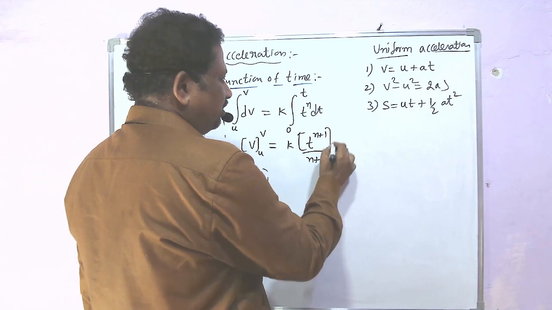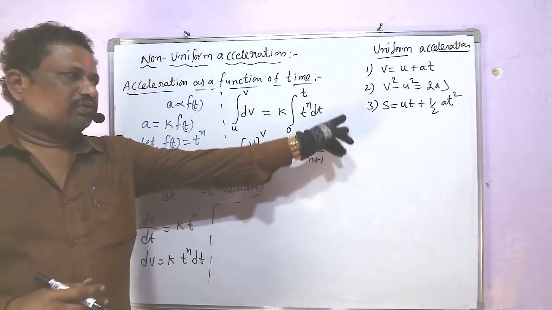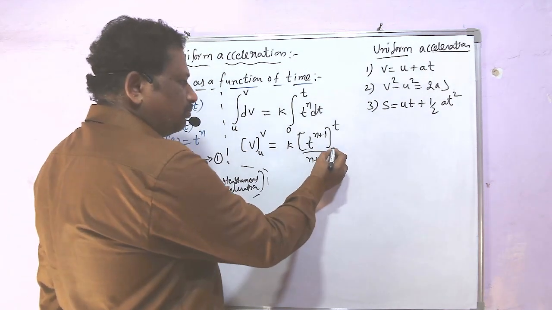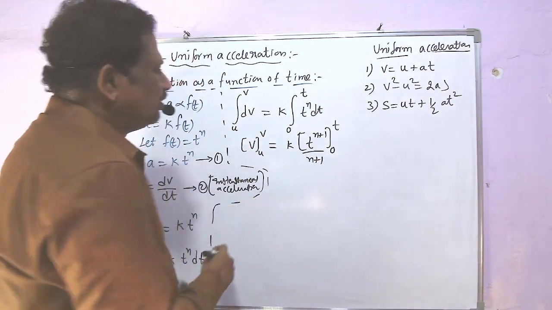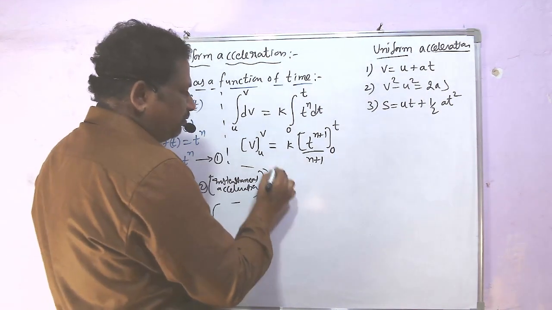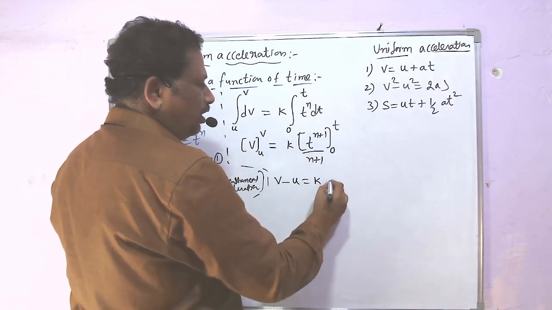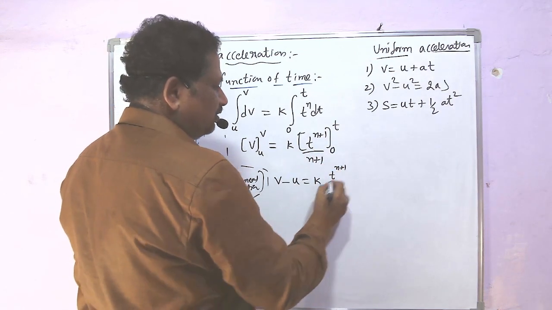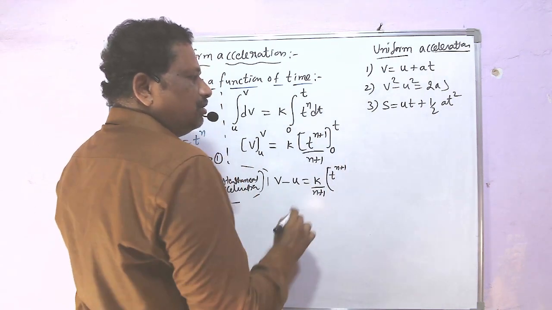Now substitute upper limit and lower limit: upper limit minus lower limit. So v minus u is equal to k into t power n plus 1 by n plus 1, minus 0 power n plus 1, where 0 is the lower limit. 0 power anything is 0 only.